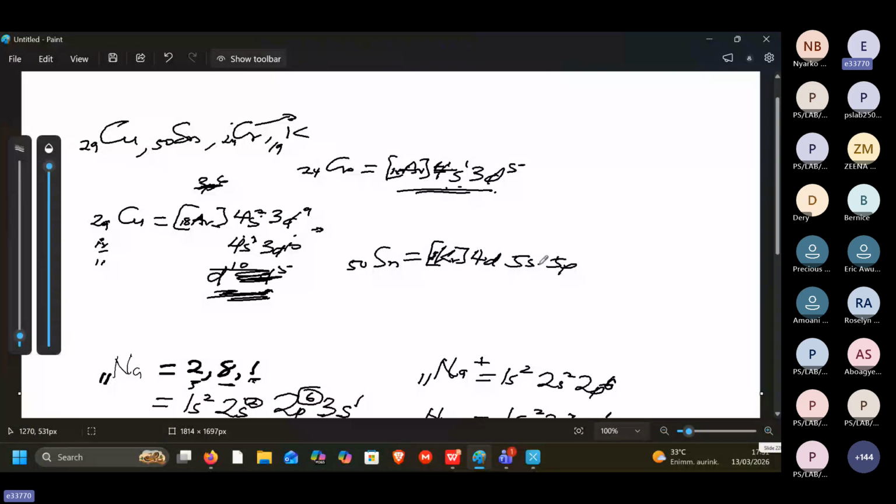But when we are filling, we fill the 5s before the 4d, before the 5p. Aufbau principle: when we are writing, we can write it based on the energy level, but when we are filling, we have to fill the lower energy before filling the higher energy. So the d will be 10, 4d10, 5s2, and 5p2 will be in the P block.